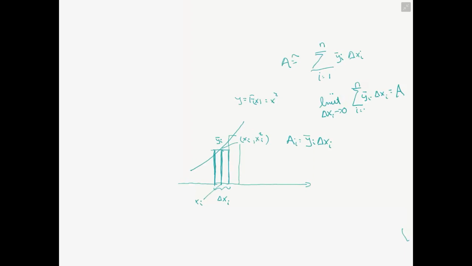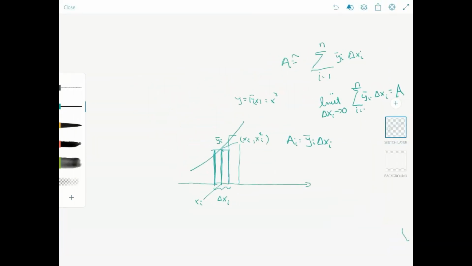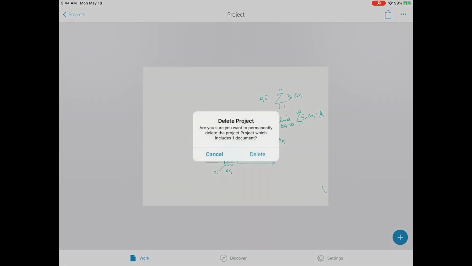That's basically what we're saying. It's no longer an approximation, it's the exact, because delta x is going to 0.